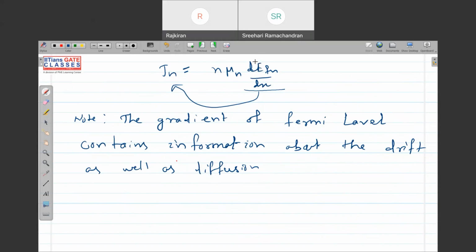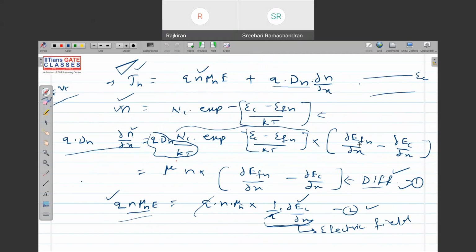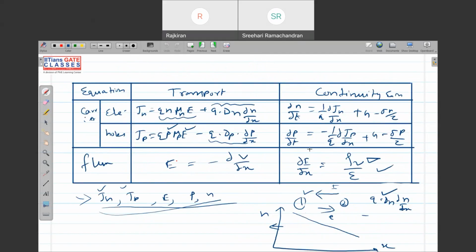One more thing which is not needed for the exam. The continuity equation will be simplified for different conditions. Suppose in equilibrium, dn by dt is equal to 0 and Jn will be equal to 0. For different conditions, this continuity equation will be very simplified.